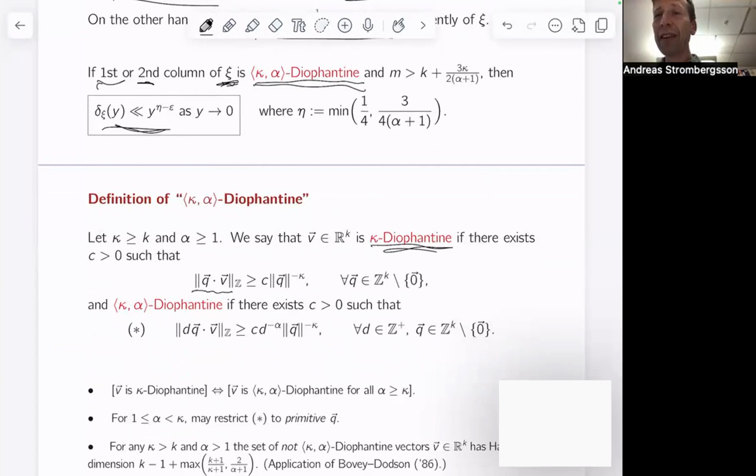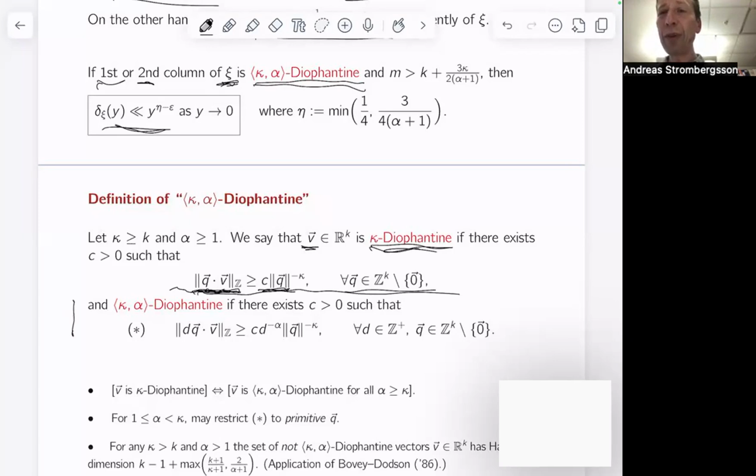Here V is either the first or the second column of this matrix psi, and now consider any Q. You can think of Q as a linear form on R^k, and we ask how far Q applied to V is from an integer. This is a real number, and we assume that its distance from an integer is bounded from below like this. This is a very standard Diophantine type assumption on the vector V.